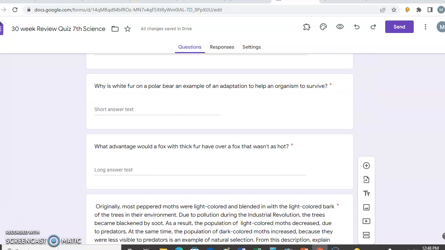Why is white fur on a polar bear an example of an adaptation to help an organism survive? So, if you have white fur and you live in the Arctic, it's much easier to live, right?